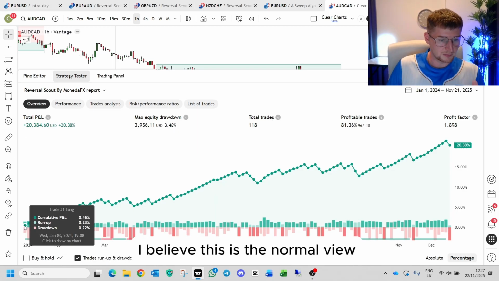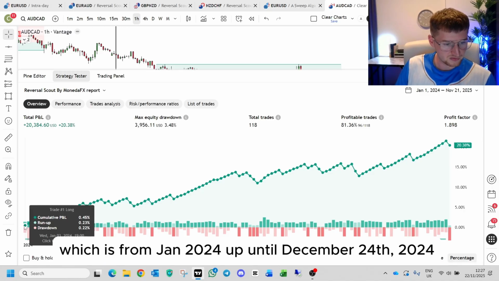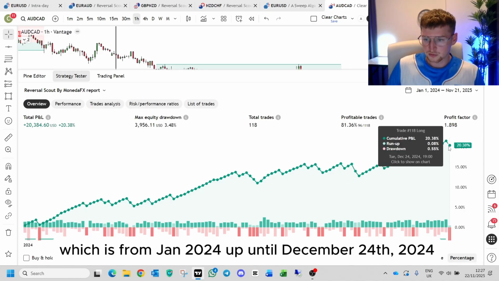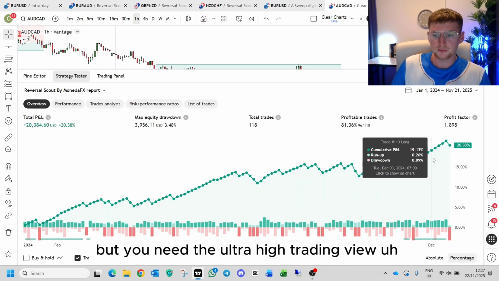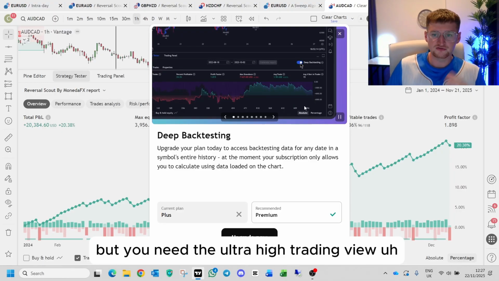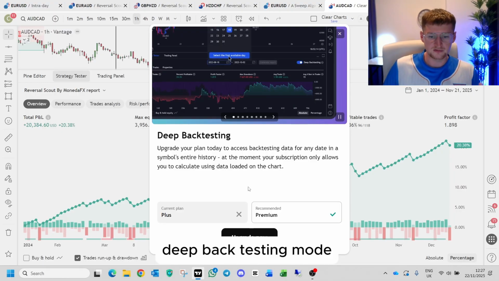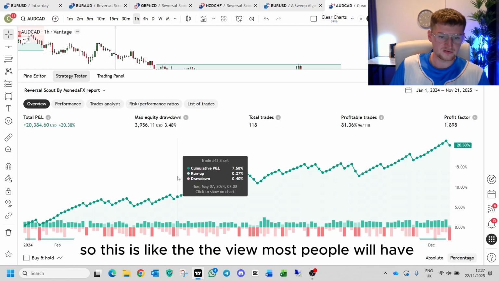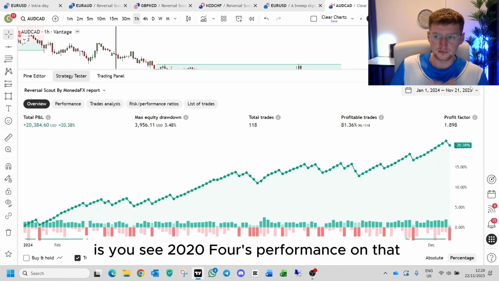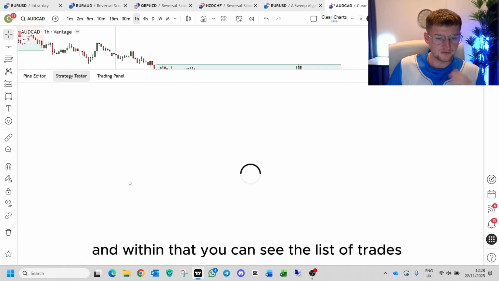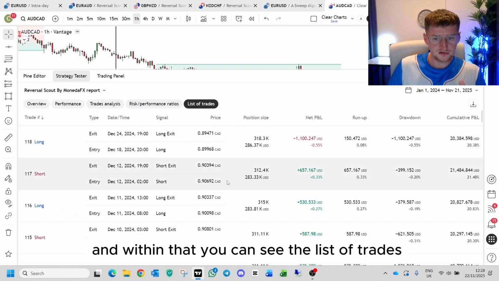I believe this is the normal view, which is from Jan 2024 up until December 24th, 2024, so this is 2024 performance. You can go deeper, but you need the ultra high TradingView deep backtesting mode to be able to see that. This is the view most people will have, including me, showing 2024's performance. Within that you can see the list of trades.